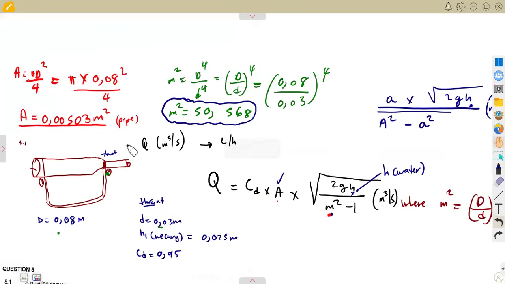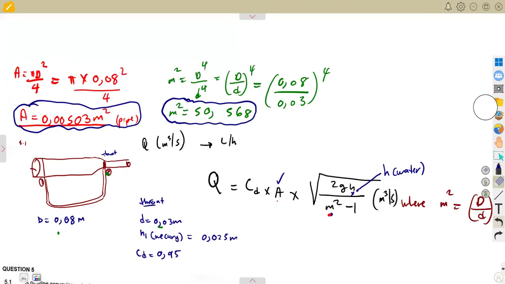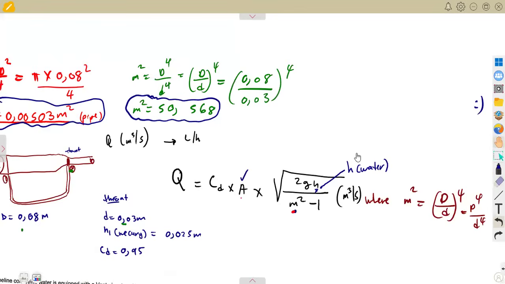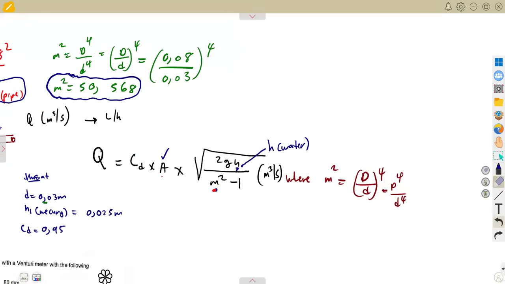These are the things that we need on our formula, m squared. We need the area of the pipe in this case. Also, we need the head of water. We are given the head of mercury, but on the formula, we need H for water. So remember, I told you guys that there's a relationship between the head of water and that of mercury. The head of water is 12.6 times the head of mercury. That's the relationship between these two.